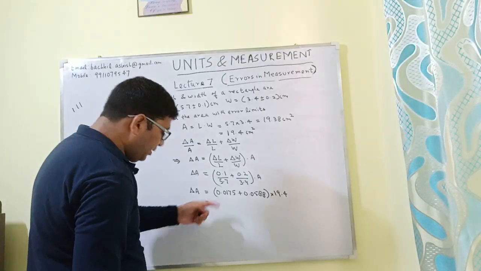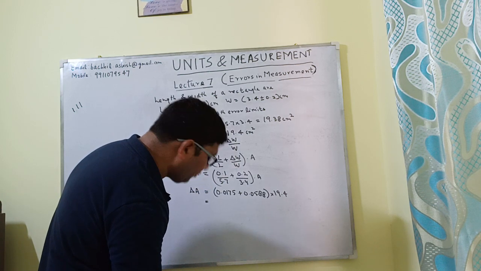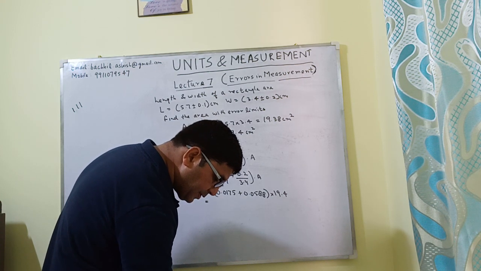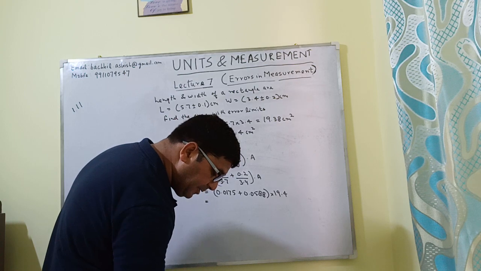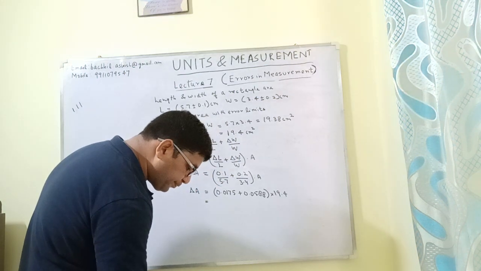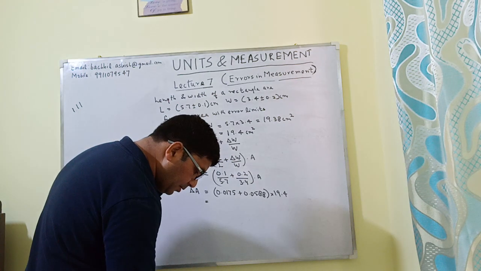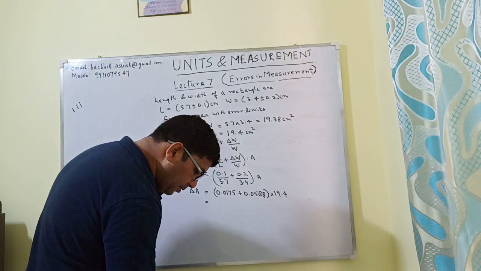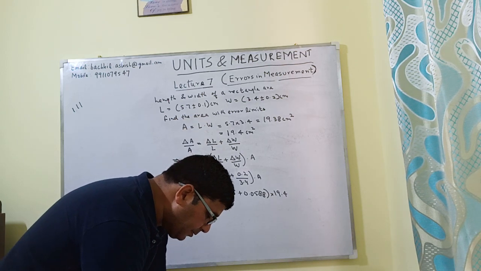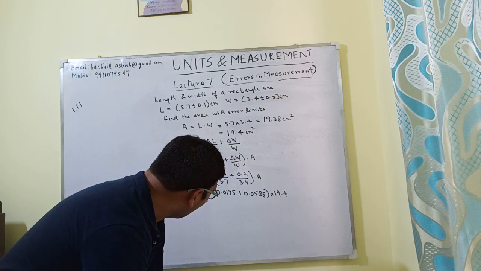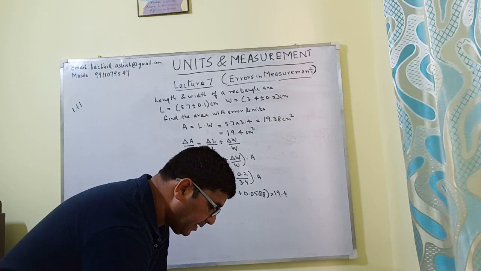So if we add this, it is 0.0175 plus 0.0588.